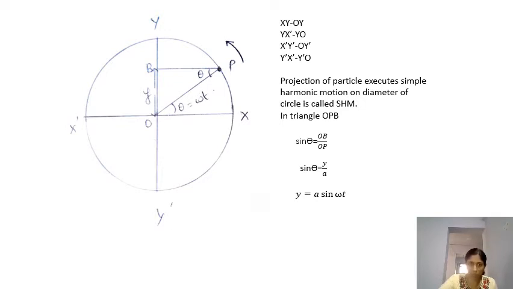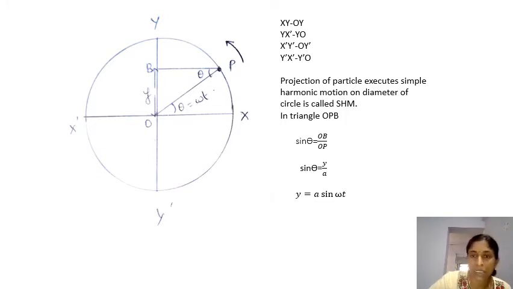The projection moves from O to Y to O, again O to Y dash, and back to O. So imagine a particle executing just a to and fro motion about its mean position. That is called simple harmonic motion.